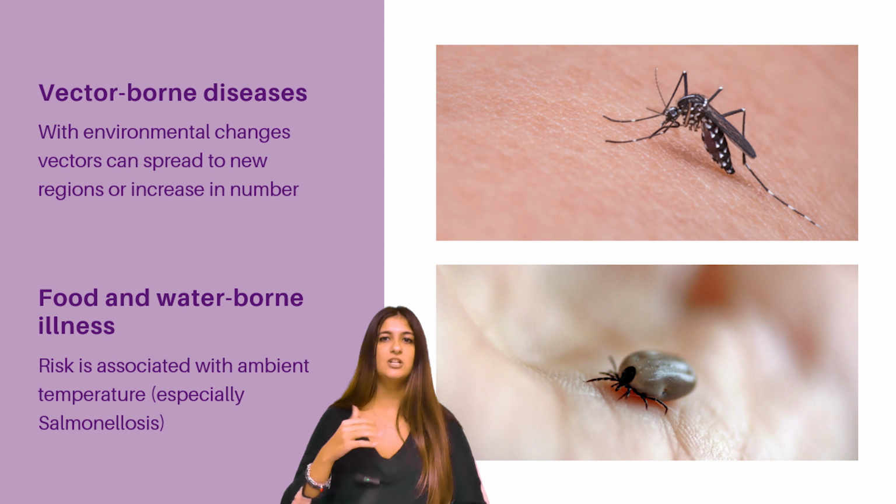Environmental changes, such as climate change and biodiversity loss, have enabled vectors to expand into new regions or increase in number. For instance, malaria incidence has risen in the eastern Mediterranean region. Ticks that transmit Lyme disease and tick-borne encephalitis are now moving farther north in the EU, altering the environmental risk landscape for your patients.